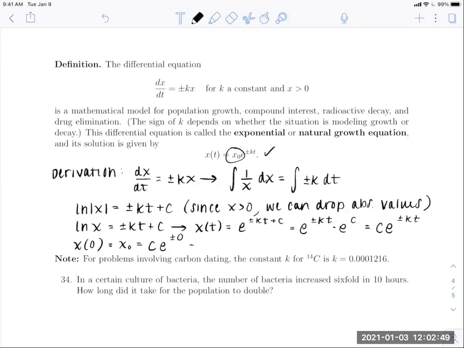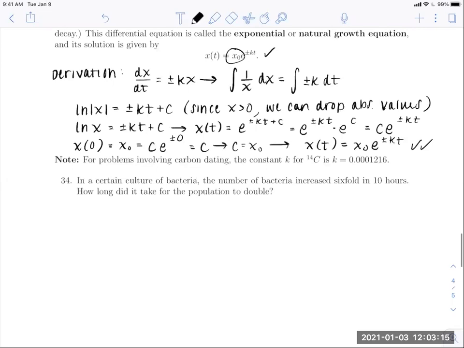E to the 0 is 1, so that's c. So we generally write c as x naught. Then we can write our final solution as x of t equals x naught e to the plus minus kt. All right. Here again, that plus or minus is going to depend on whether you're doing growth or decay. So you can choose that plus minus appropriately.